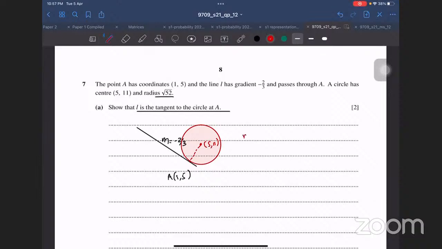So the gradient of AC, let's find that out first. 5 minus 11 over 1 minus 5, which is minus 6 over minus 4, which is 3 over 2.